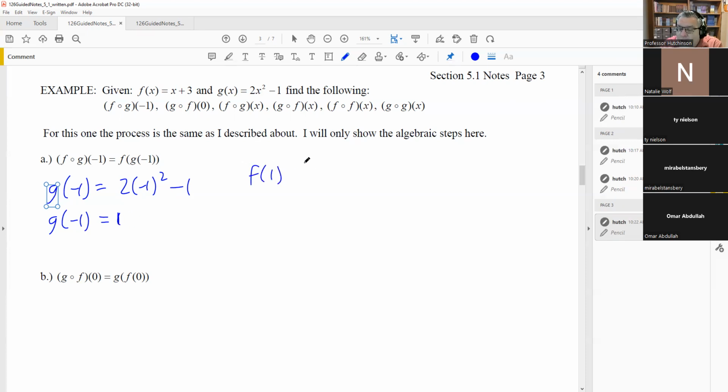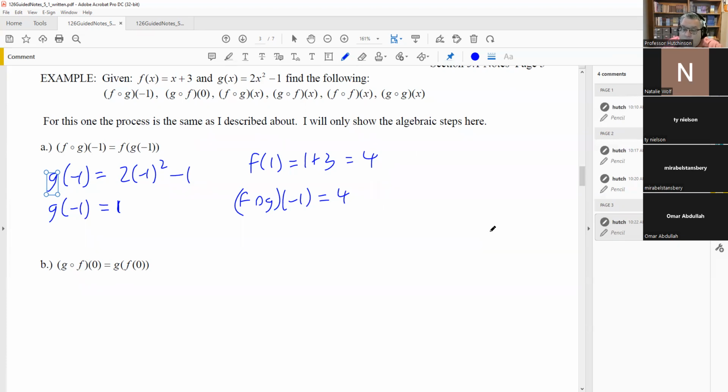So now we have to find f of 1. The f function is x plus 3. We'll put a 1 in there for x, 1 plus 3, and you're going to get a 4. So f of g of -1 is equal to 4. That's the final answer you'll put on this problem for part A.